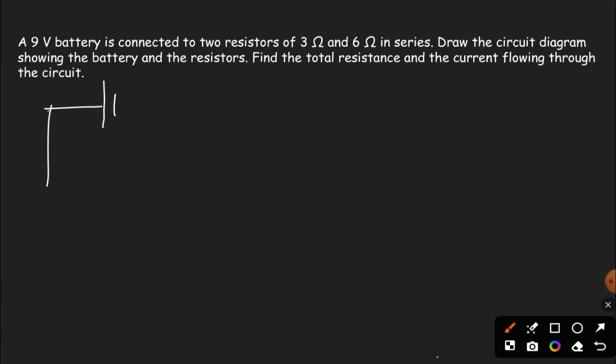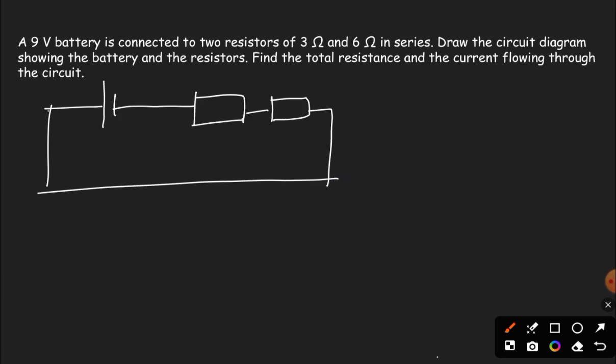We have a battery here and our two resistors all connected in series. Then we have our 3 ohm resistor here and 6 ohm resistor also here.